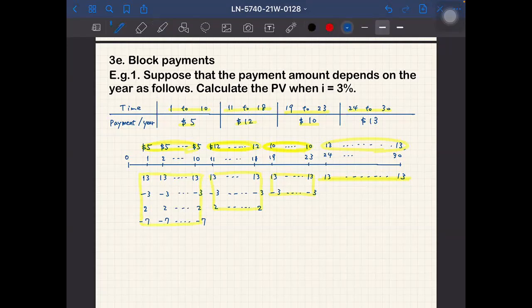And now we think about the present value of each line.